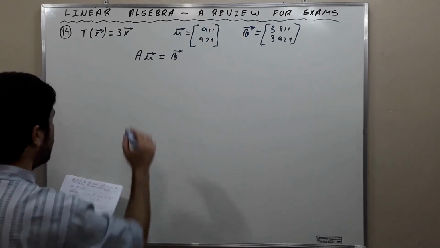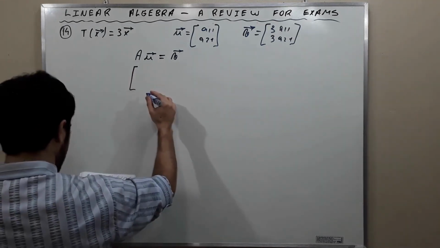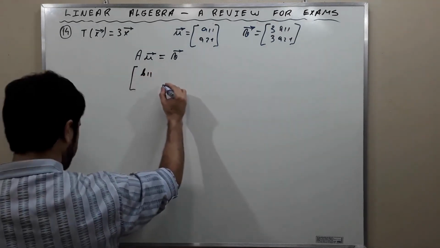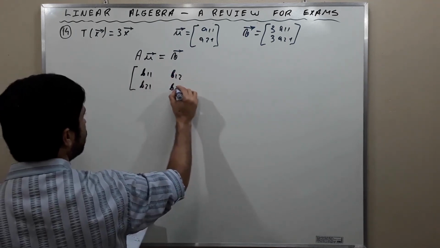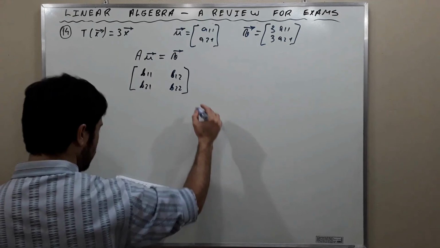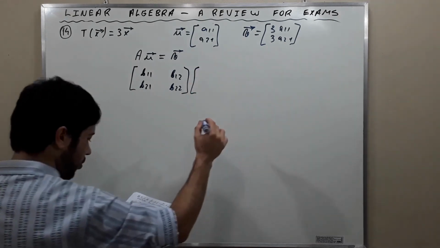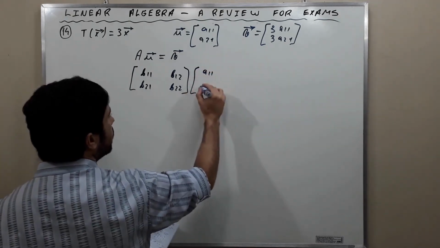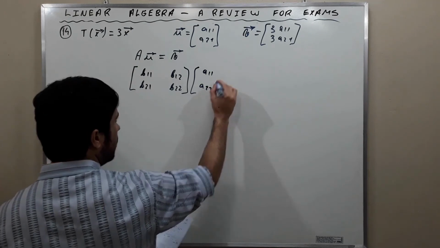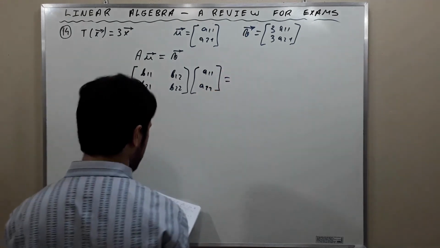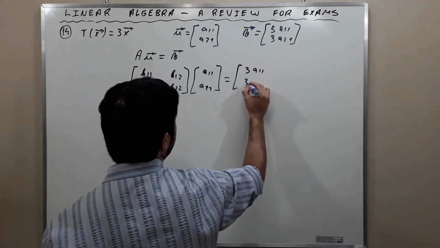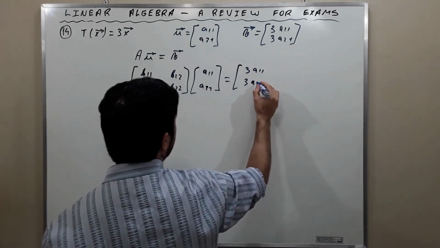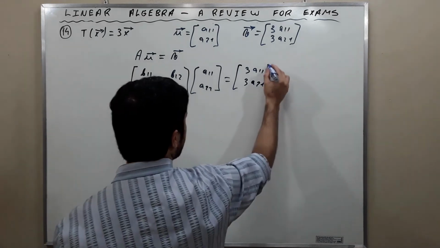Okay, so the matrix, we are going to call it (b11, b12; b21, b22). The transformation will be on (a11, a21), and this will produce (3 a11, 3 a21).